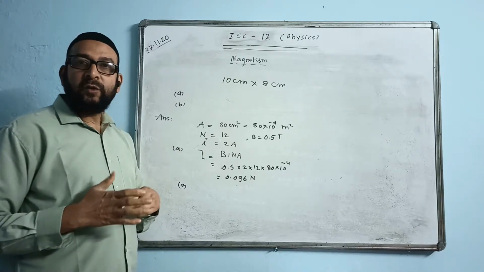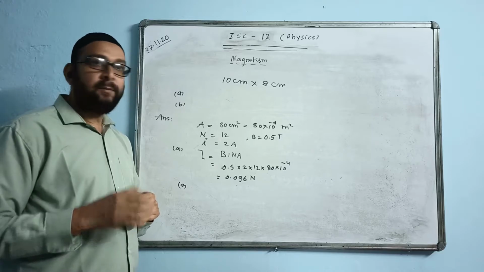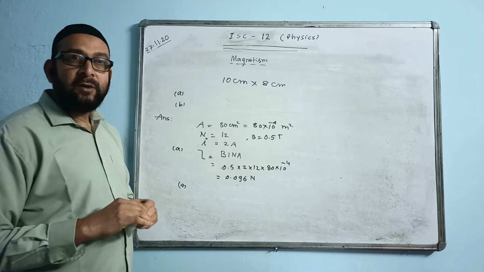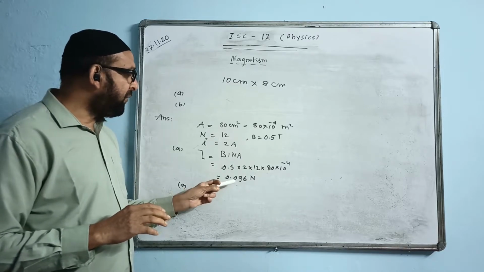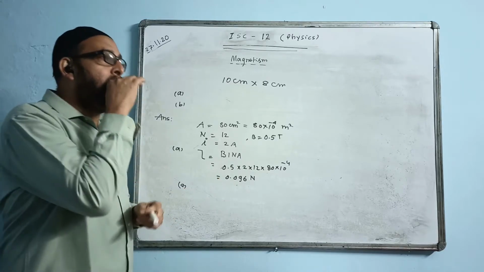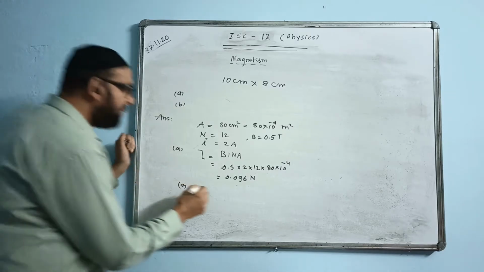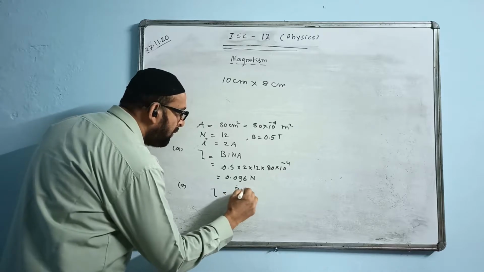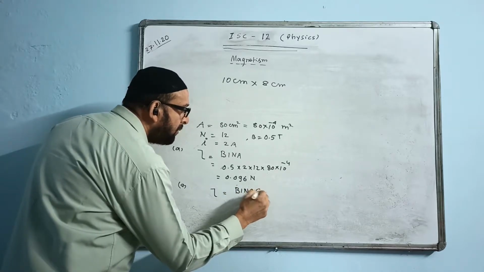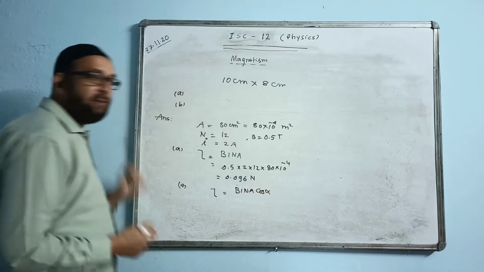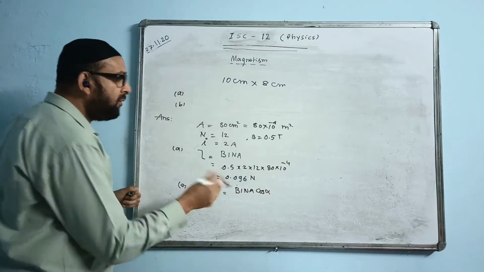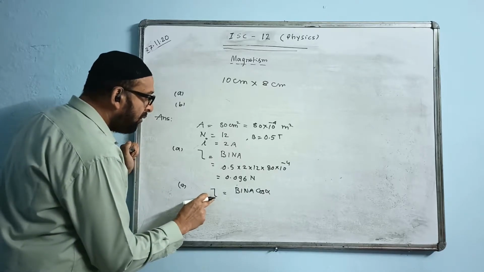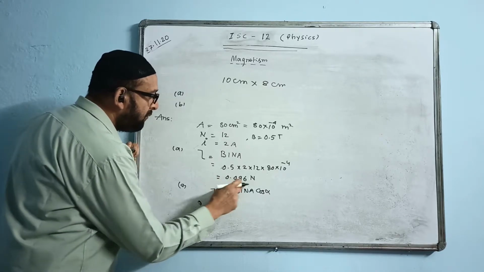Now, second part of the question. You have to find the position of the coil where the torque becomes one half as great as this. Now you get the formula torque is equal to N I A B cos alpha, or we can write sin theta, any one. You have to find the value of alpha, or if you write sin theta, you have to find the value of theta. Torque value is one half of this.